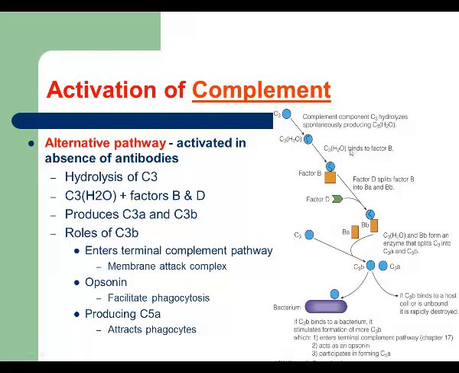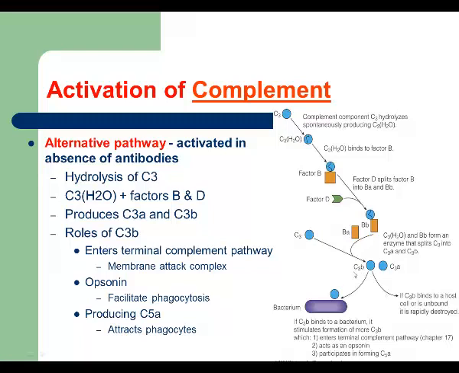After it's been hydrolyzed, it reacts with factor B and factor D from the bloodstream. And then there will be a cascade of biochemical reactions, and the end products of activation of the complement system will be C3b and C3a complement components.